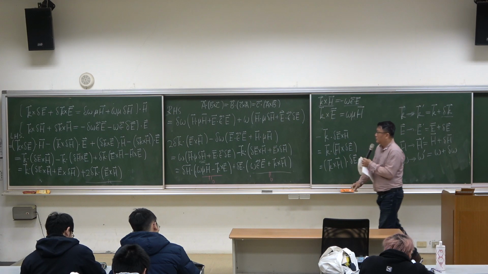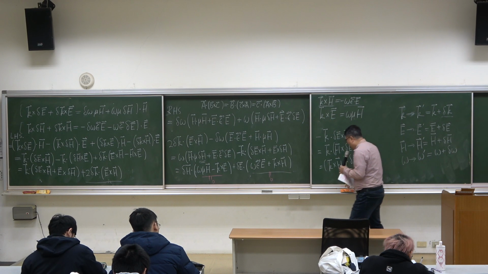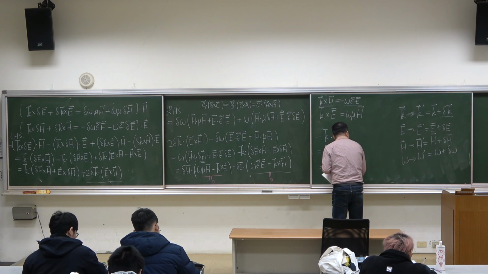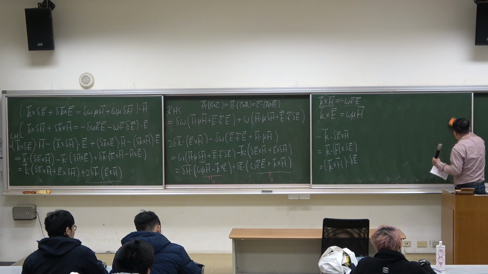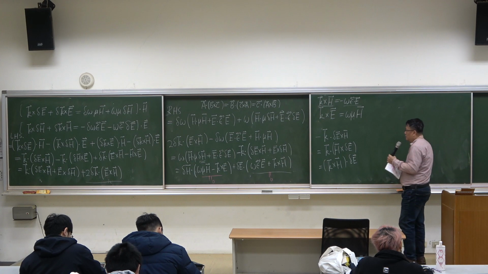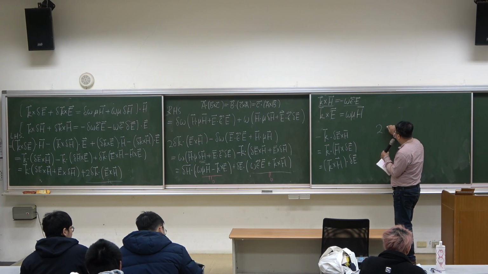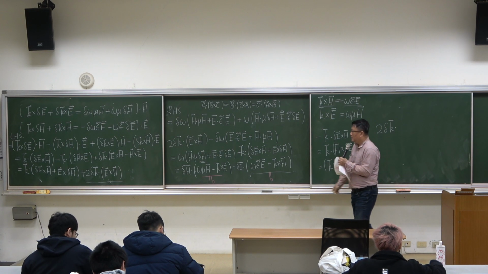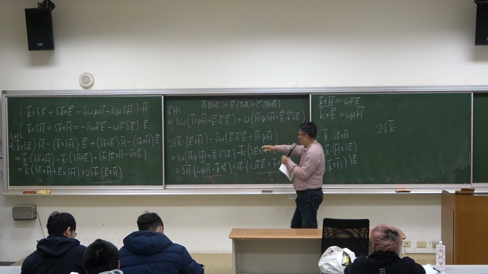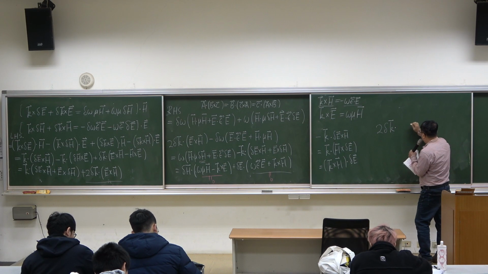Okay. So finally we find that two delta k dot E cross H is just the Poynting vector.